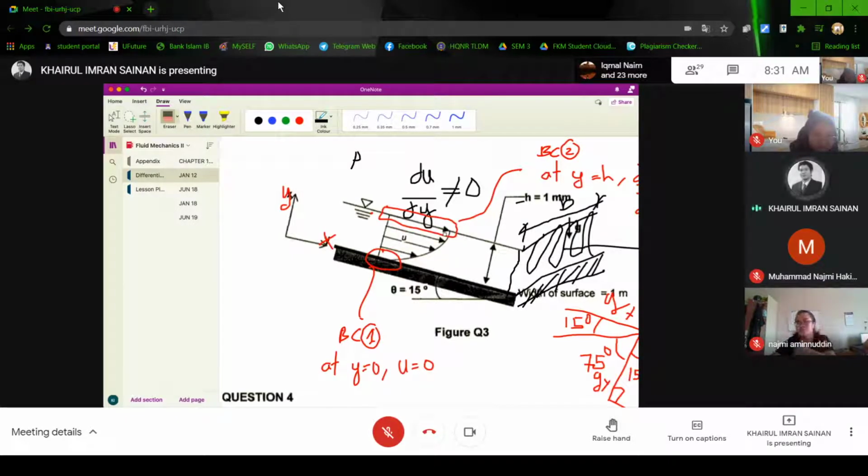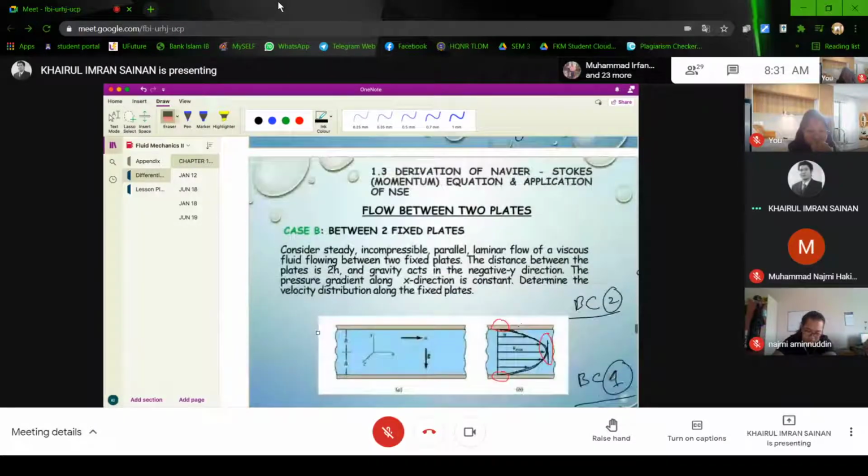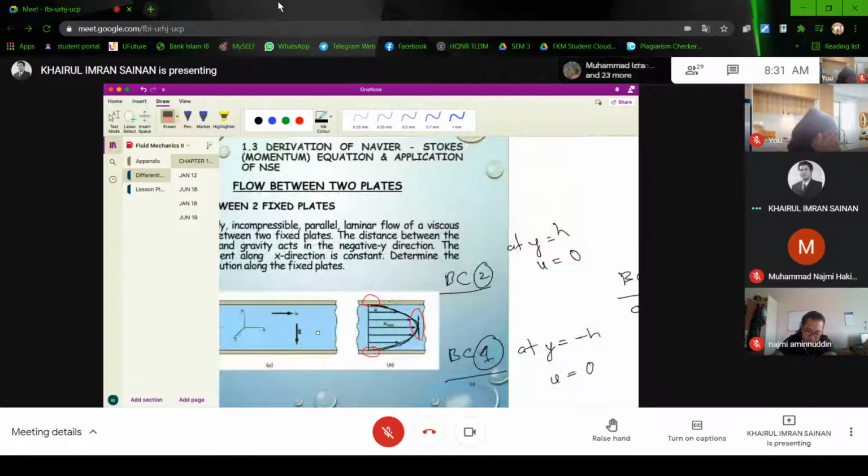Like I mentioned previously, from the previous example, something like this. Take a look at this one. This fluid flow is not due to plate movement, which I can put as an external force, where somebody forces the fluid to flow by moving the plate.